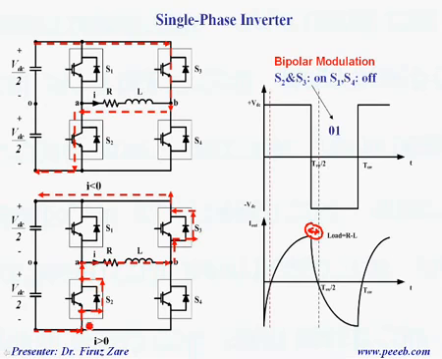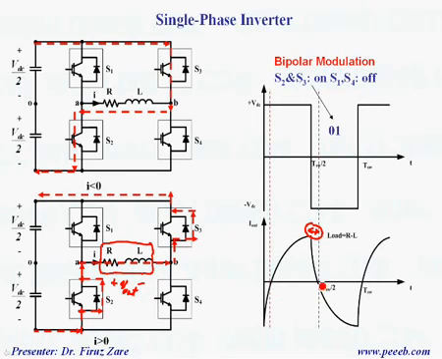So in this case still current passes through the diode, and this is the load. It's better to define the polarity plus minus V out. So in this case the output voltage is negative, so current passes through the diodes.